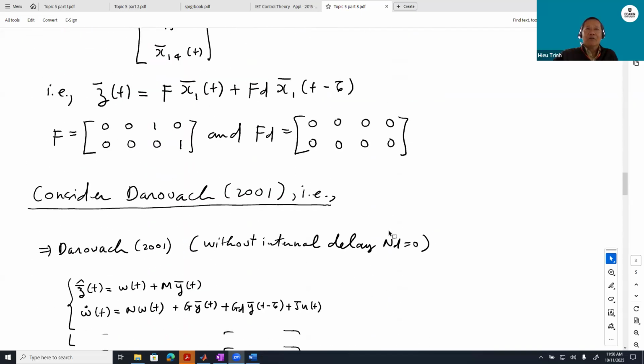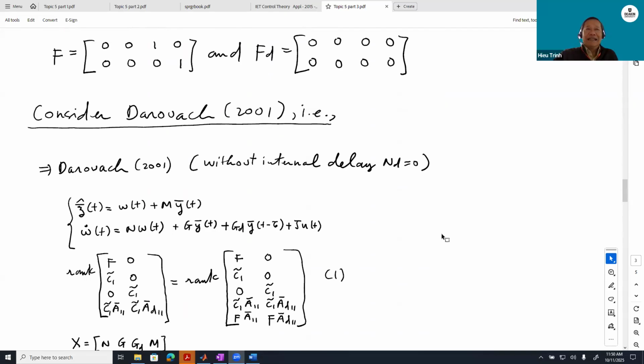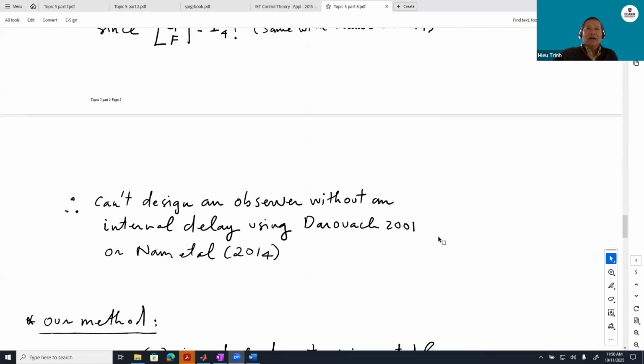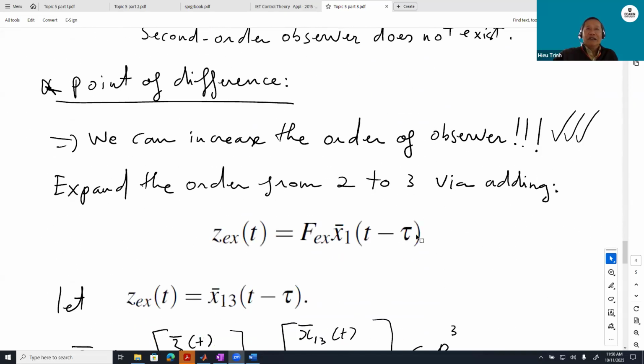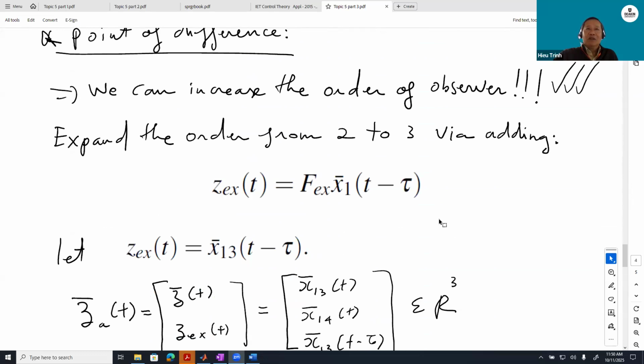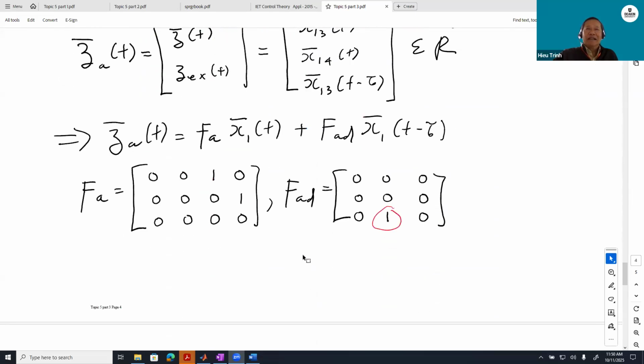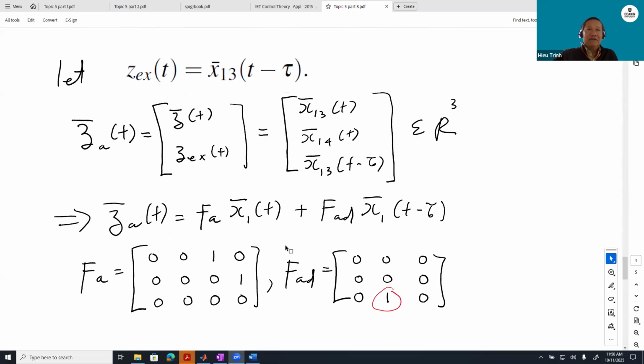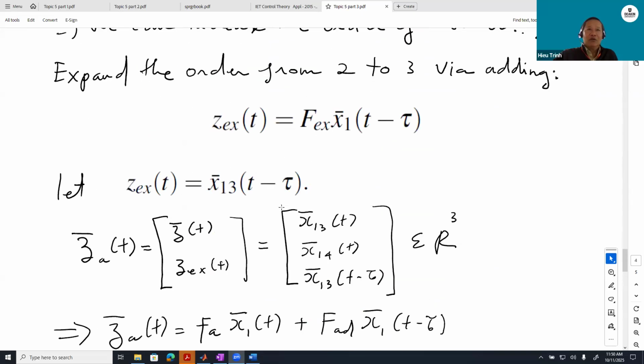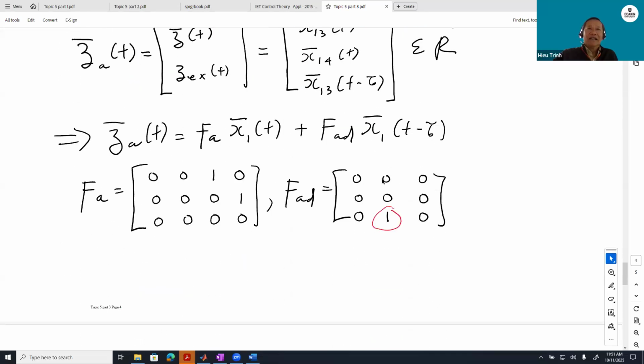I hope that can give the reader some motivations and ideas for further investigation into this new generalized functional observer design problem, as well as there are issues, things that need to be done, like, for example, how do you find a systematic way of adding this extra number of rows in there?